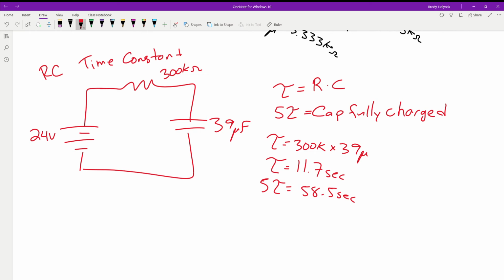So now the question's asking, capacitor 1 has no initial charge, which is also good to know, and what is the voltage of the capacitor at 45.63 seconds? Now we just need to plug into our formula.